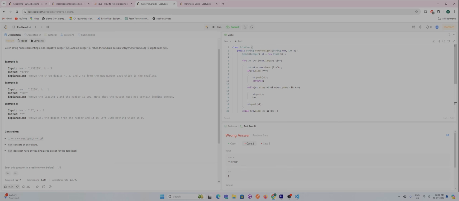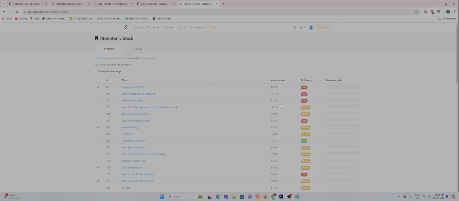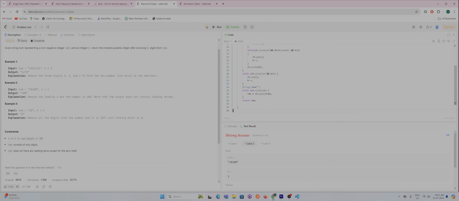So return res is just at 1 point. I saw that there is string.trim start 0, right? So I'm just going to add this, replace first. So any leading zeros, I'm just going to remove them, right? So return arr.replace for 0 0, right? Let me do this.